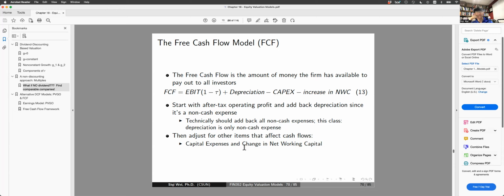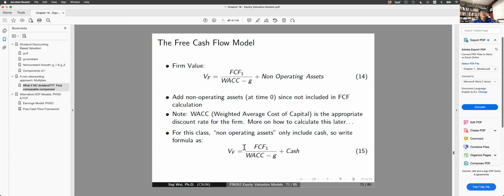It's going to be a function of the EBIT, non-cash item depreciation, capital expenditure, and the net working capital adjustment. So we can establish the firm value by taking the ratio of firm free cash flow and the weighted average cost of capital less the growth rate.